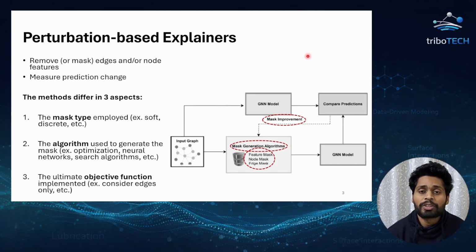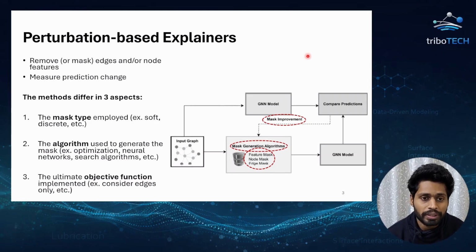The different explainer tools which we are going to cover in this video differ from each other in three aspects. Number one, the type of mask which they use. For example, some explainer may be using soft mask while the other may be using discrete mask, or there could be some other third type of mask.